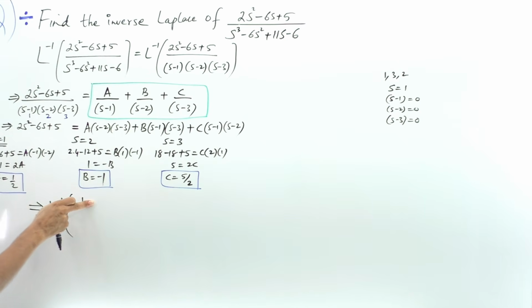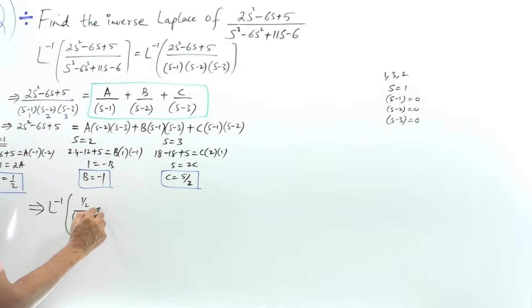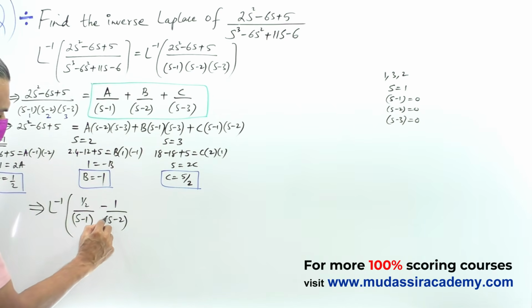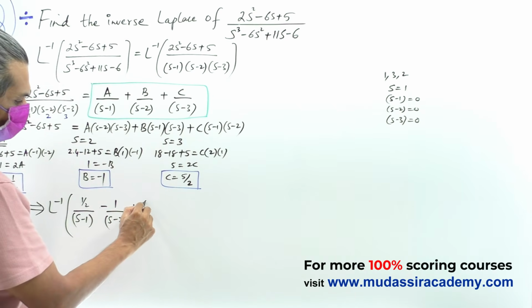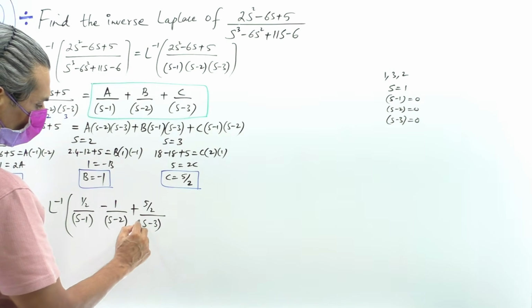So 1 by 2 upon S minus 1, B is minus 1 upon S minus 2, and C is plus 5 by 2 over S minus 3.